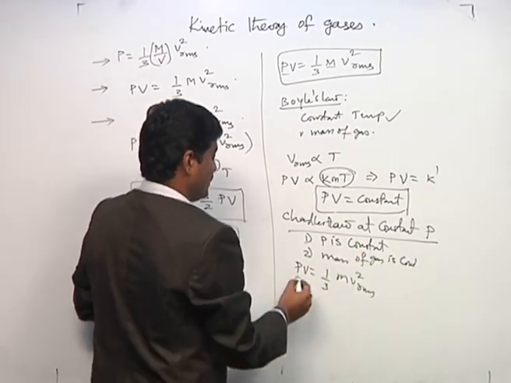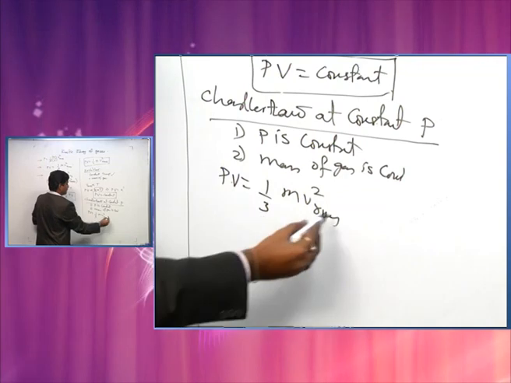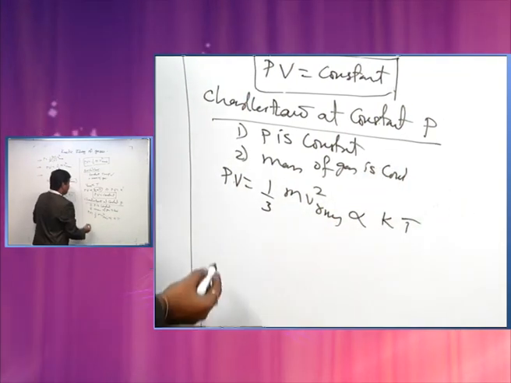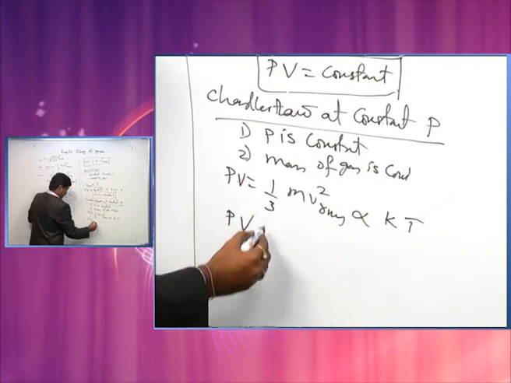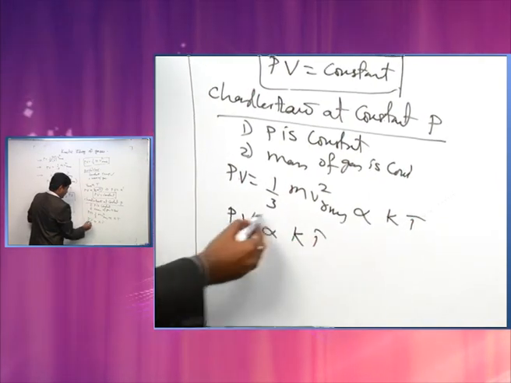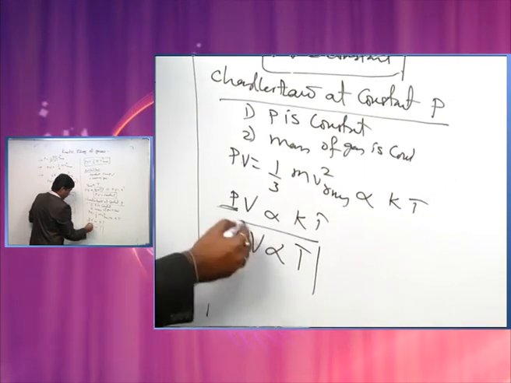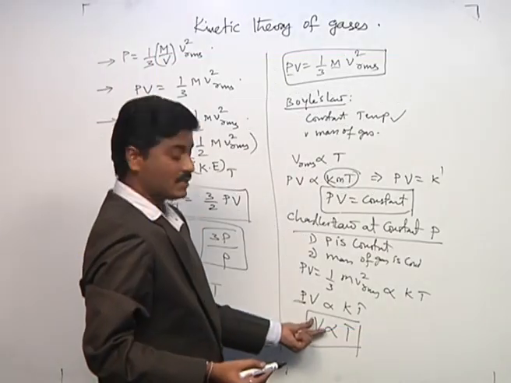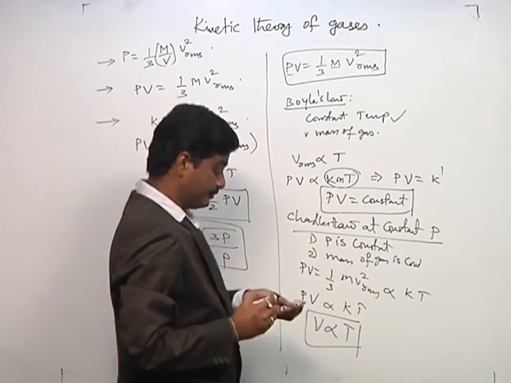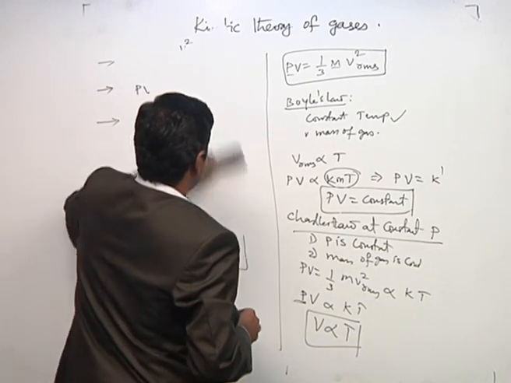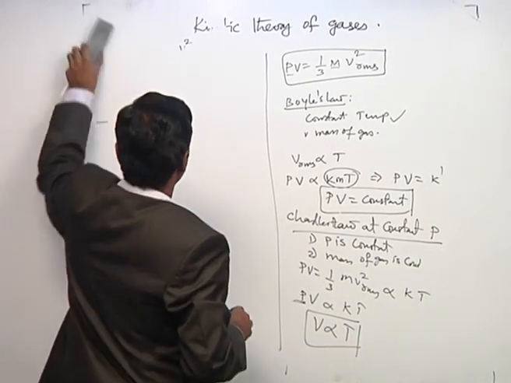So here the pressure P is constant and m is constant, and we can write directly that this is proportional to T. So PV is directly proportional to T here. Again, P is a constant, so we can directly write V proportional to T. This is Charles's law at constant pressure. Now Charles's law at constant volume we are going to discuss.